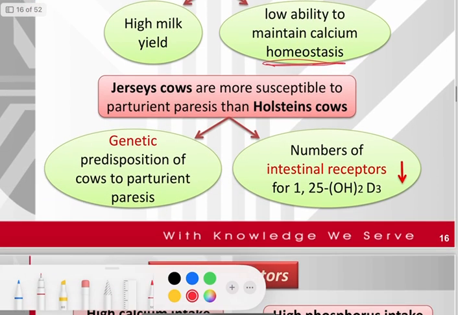Jersey cows are more susceptible to milk fever than Holstein cows. So we can say that there is a genetic predisposition to milk fever or hypocalcemia.